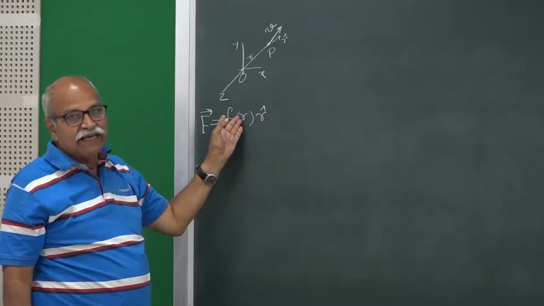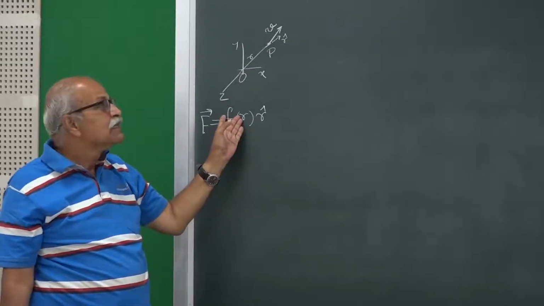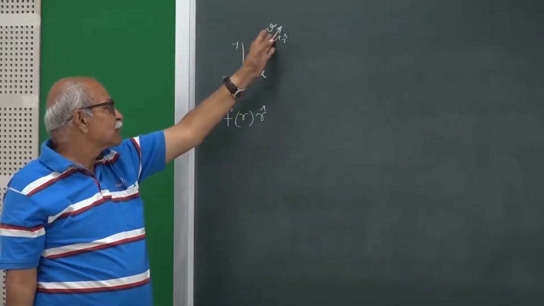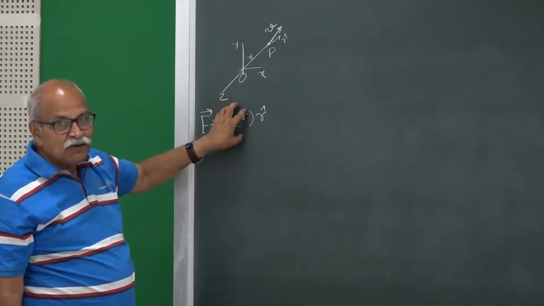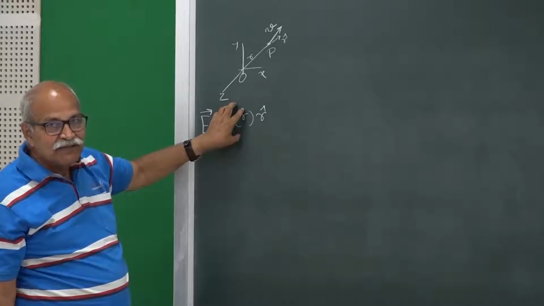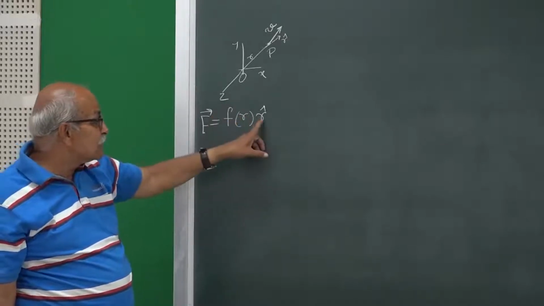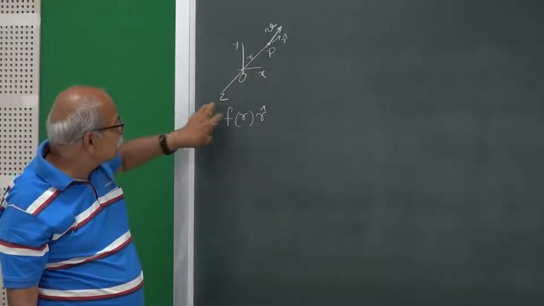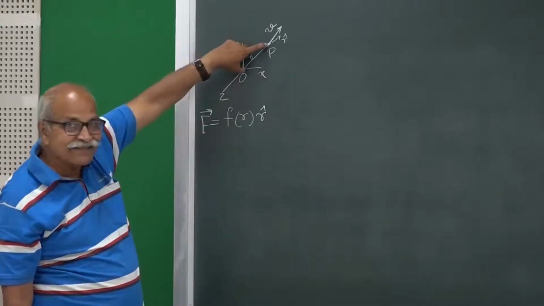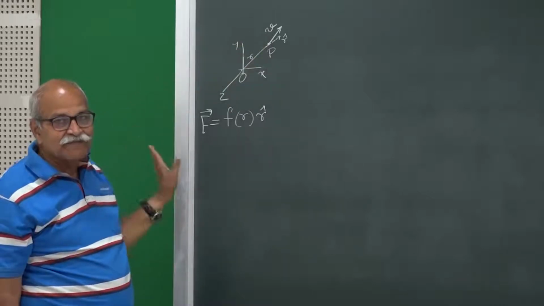This function can be negative, this function can be positive. So, the force can be away, force can be towards. Those things will be taken care of by this scalar function small f of r, but the direction is along OP, and the magnitude of the force depends only on this distance, then it is called a central force.